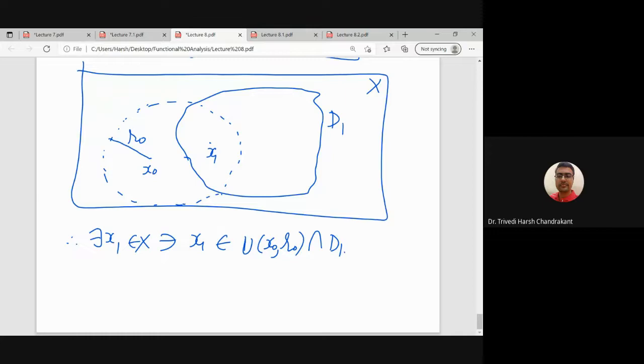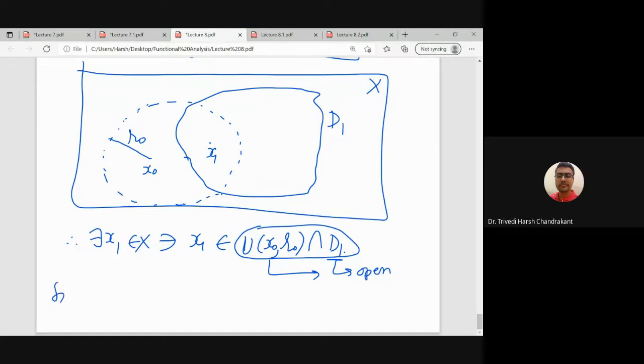Fine. Now we know that this is an open set, and D1 is an open dense subset, so this is also open. The intersection of open sets is also open, and X1 is an element of the open set. If we take any element in an open set, we get a neighborhood around that point which is contained in that open set.